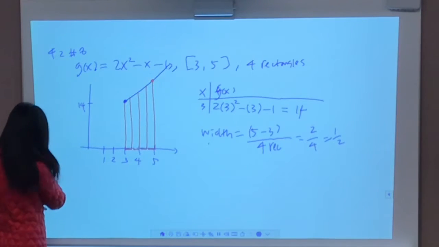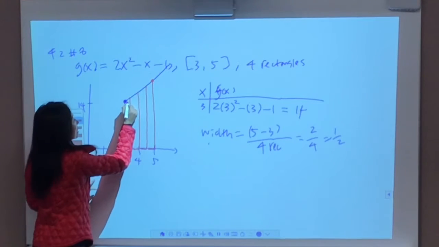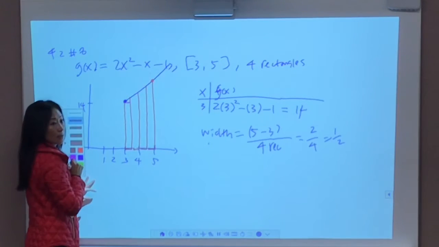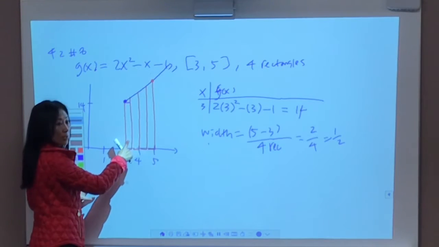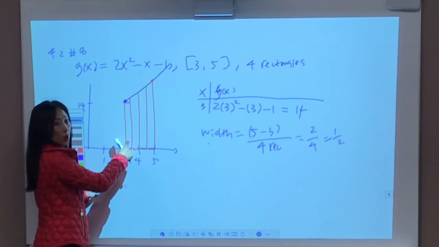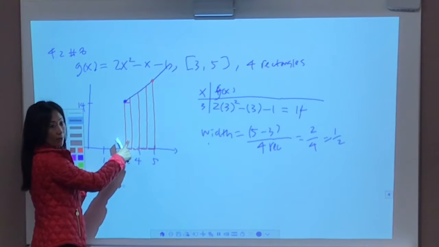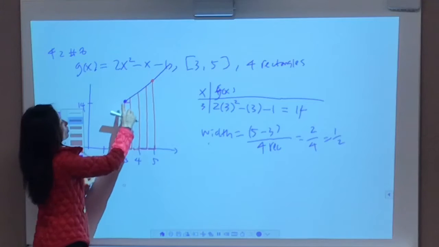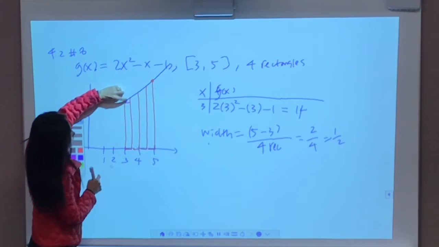Okay, so now looking at this graph, if I draw like this, this first rectangle, does it give you more than the graph or less than the graph? Less. The graph is this, so you're missing how much?